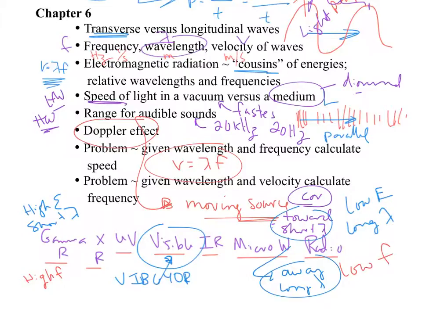First one, I give you the wavelength and frequency, you tell me velocity, you remember speed, velocity. And then the other one, I give you the wavelength and the velocity, and you tell me frequency. Okay? So it looks like we're set for Wednesday, dabbling in chemistry a little bit.